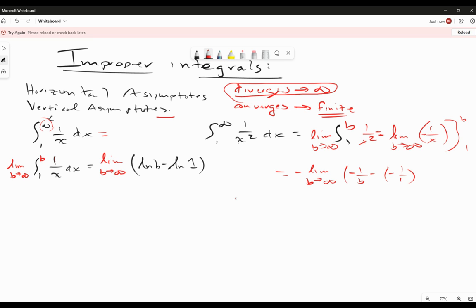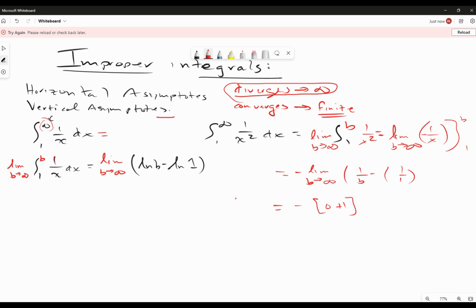So when we pull this all together, we get negative times 0 plus 1. Where did my negative go? I pulled the negative out. Sorry, guys, I forgot that I did that. I'm erasing those negatives because it's right here. Okay.